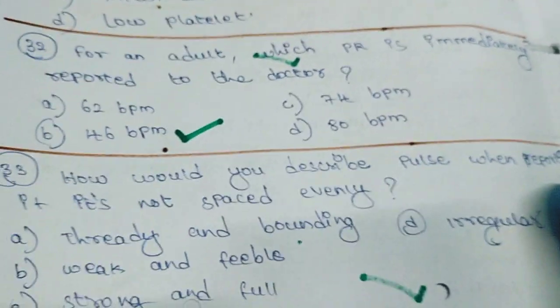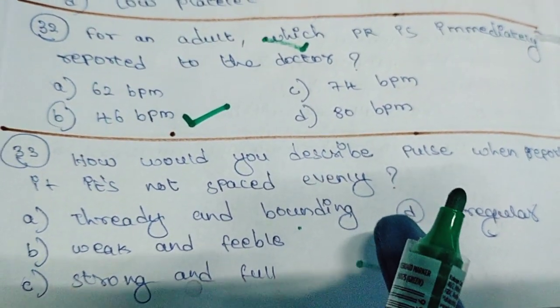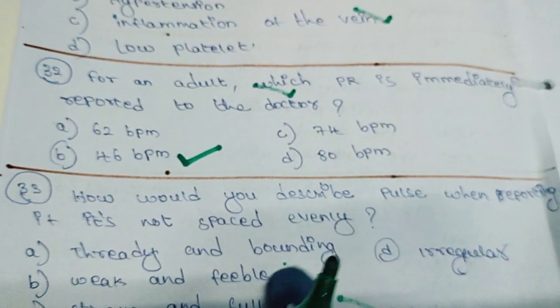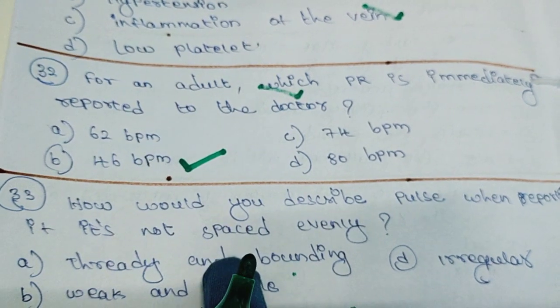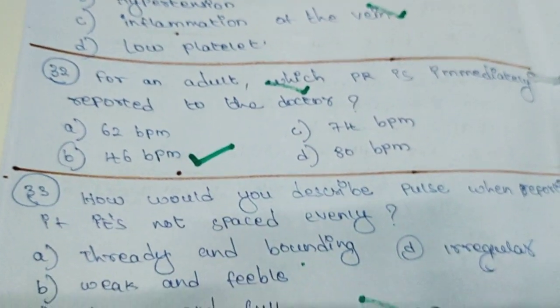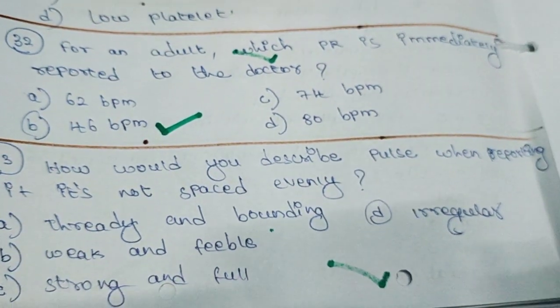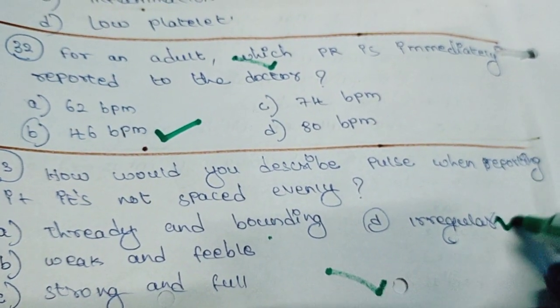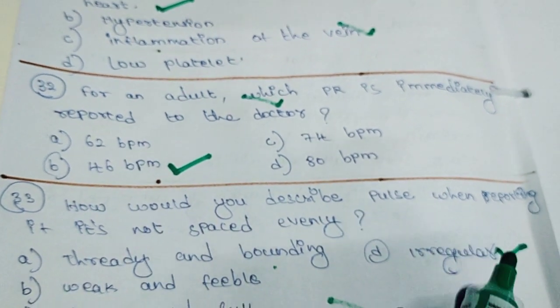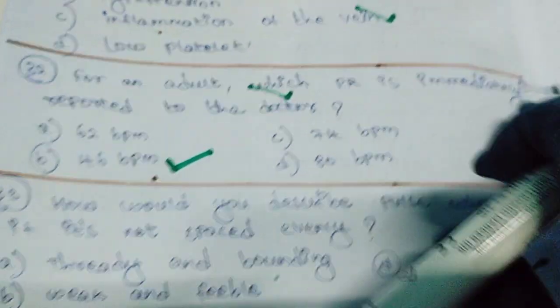Then how would you describe the pulse if it is not spaced evenly? We'll describe it as an irregular pulse. If the pulse is not evenly spaced, then it is described as an irregular pulse.